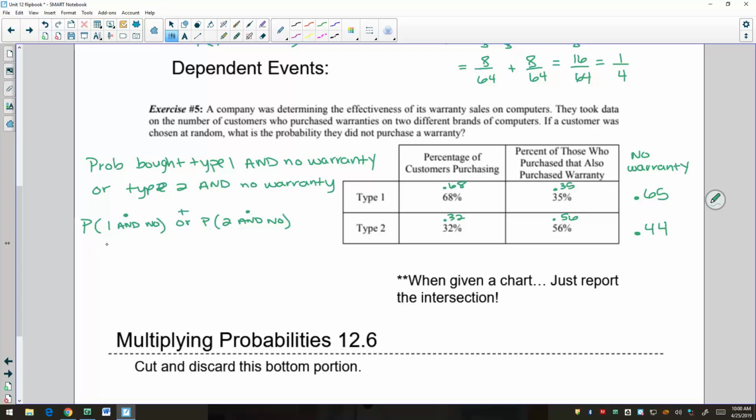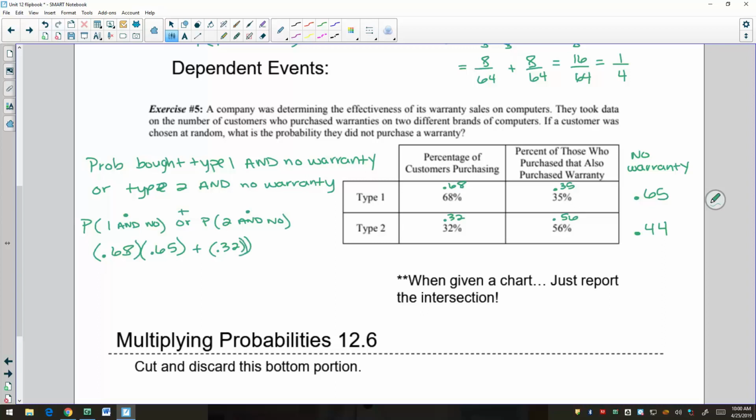So the probability of purchasing a 1 and then no warranty would be 0.68. That's the percentage as a decimal that did purchase type 1, and means multiply, times no warranty was 0.65, plus type 2, the percentage is 0.32 who did purchase type 2.